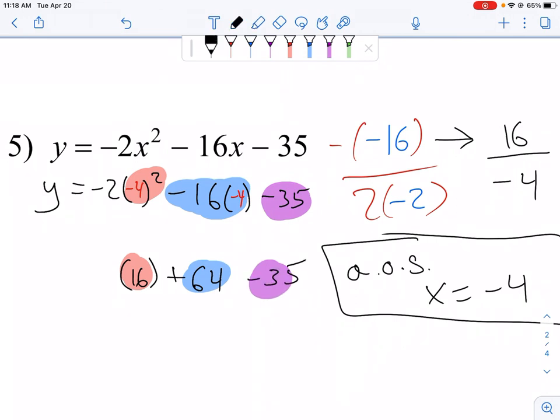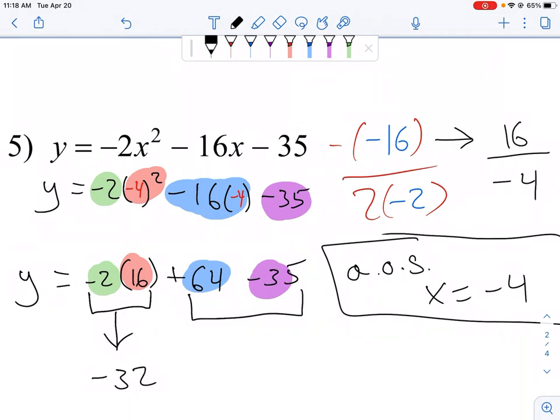And then I left this negative 2 out. I haven't worked that out yet, so I'm going to have to write that here. Negative 2. I'm going to have to multiply those together. So let's do that. I'm going to multiply these together, and that makes negative 32. And I'm going to combine these, 64 minus 35, and I'm going to find that that makes a positive 29.